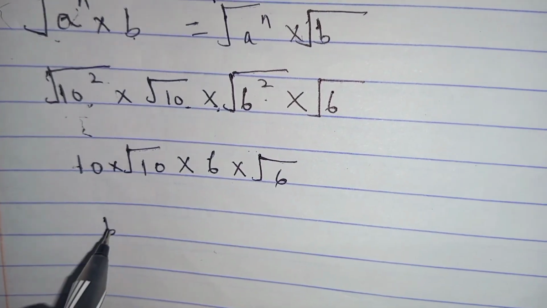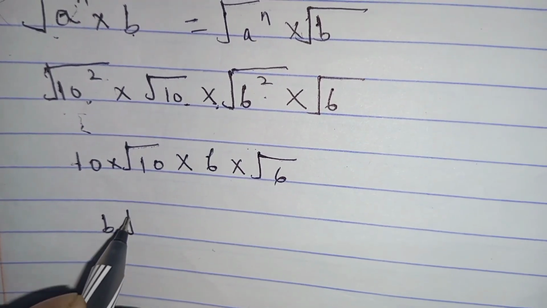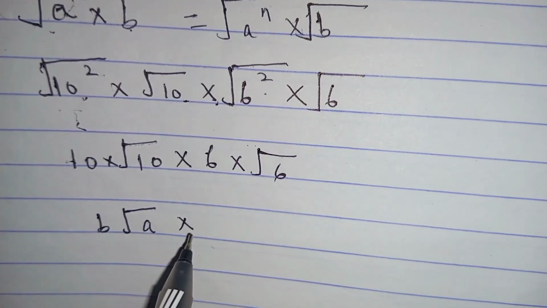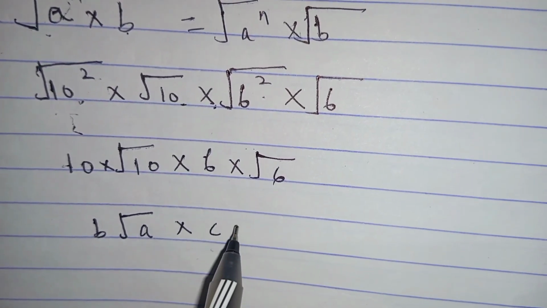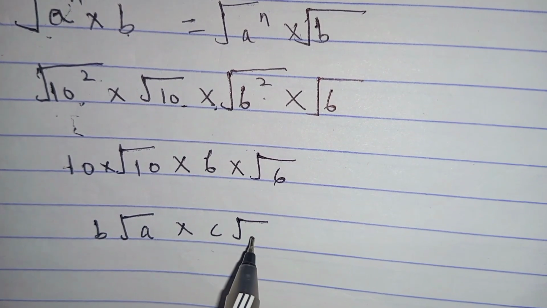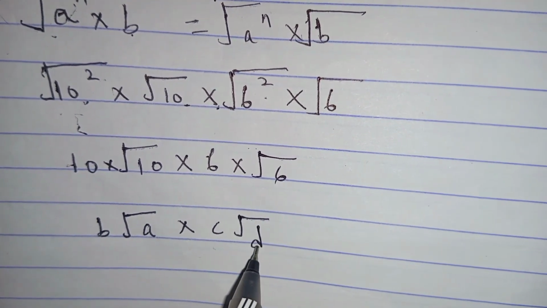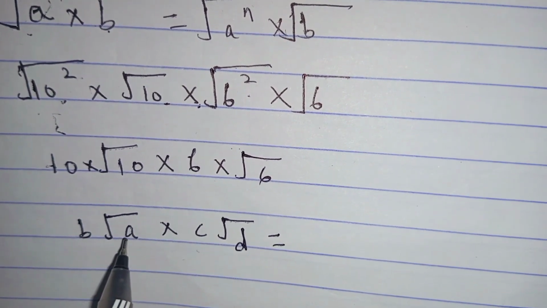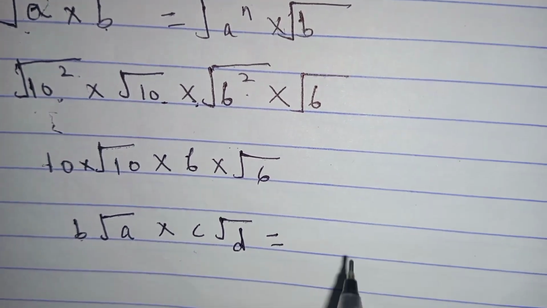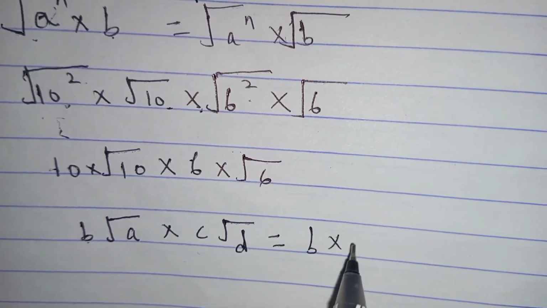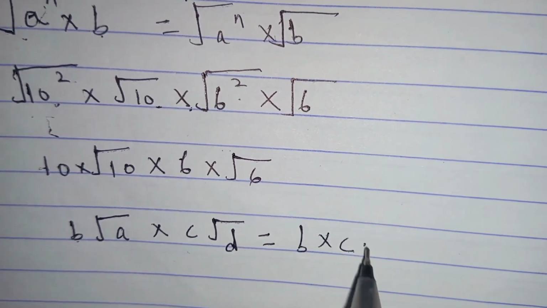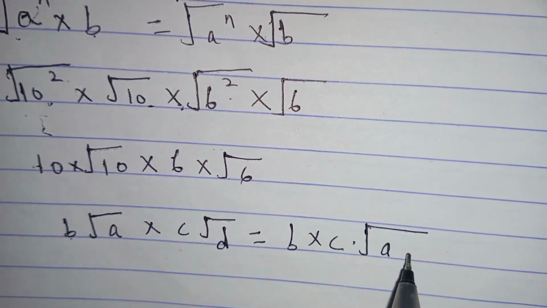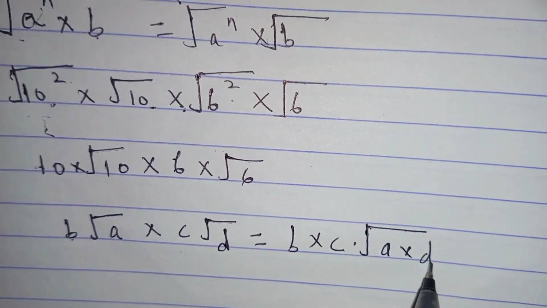If you have b root a multiplied by c root d, we can multiply the parts which are outside the root as b times c, so this is b times c into bracket square root of a times d.